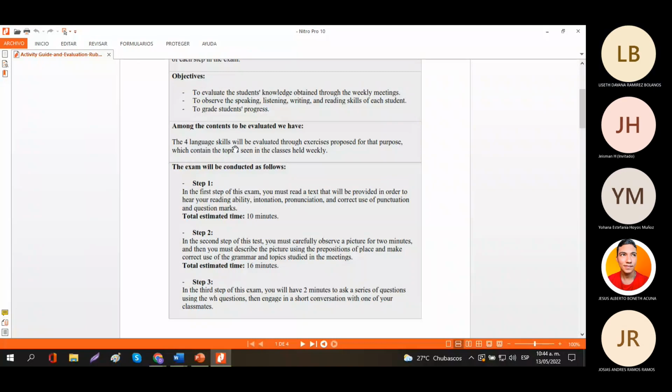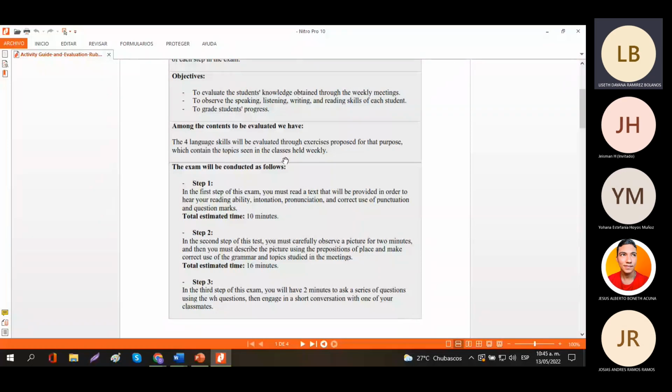Among the contents to be evaluated, we have the foreign language style, which will be evaluated through exercises proposed for that purpose, which contain the topics seen in the classes per week.